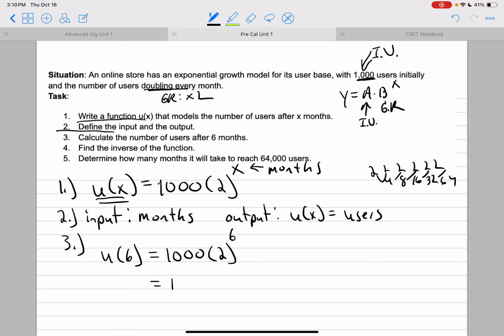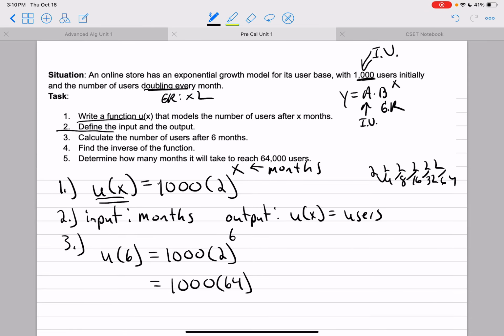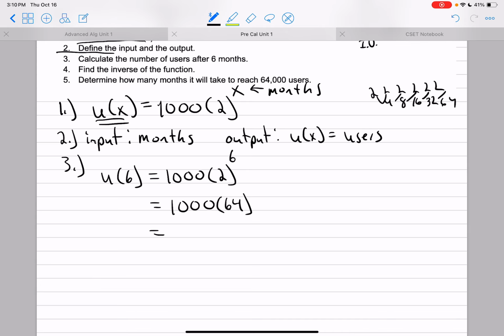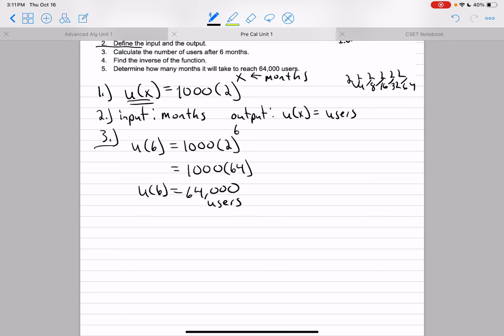So 1,000 times 64 is approximately 64,000. U of 6 is 64,000 users. Okay. Step 3 is done.